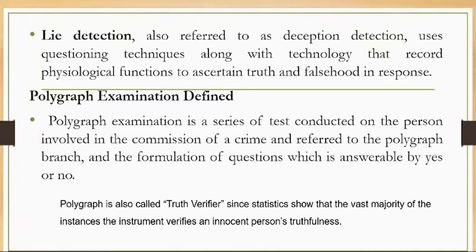Okay, polygraph is also called a truth verifier, because statistics show that in the vast majority of instances, the instrument verifies an innocent person's truthfulness. As we said, we are not looking only at those persons who are deceiving, but the polygraph can also help us identify those who are innocent, so that we can eliminate those persons telling the truth.